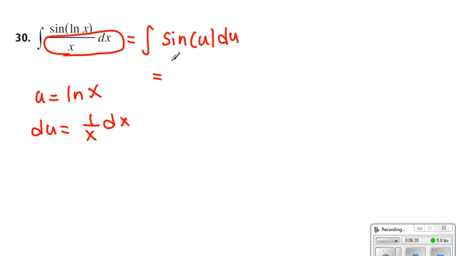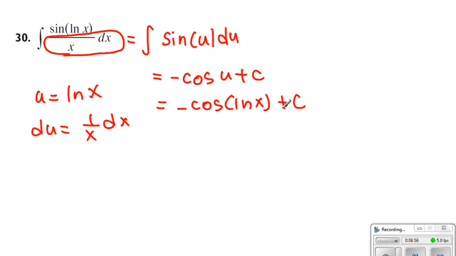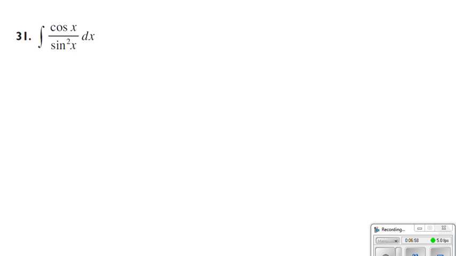Now, of course, the antiderivative of sine becomes negative cosine of u plus c. Now, since u is equal to ln of x, what we end up getting is negative cosine of ln of x plus c. That becomes our final answer.